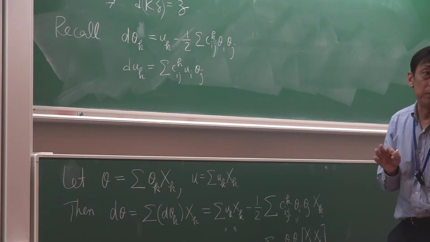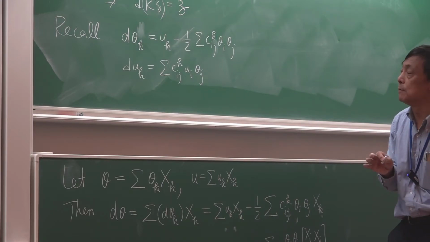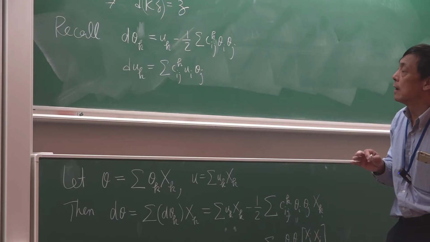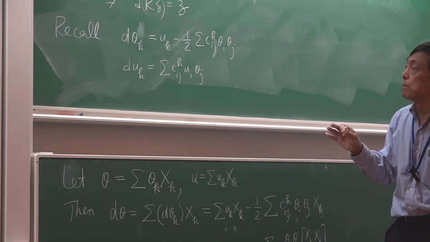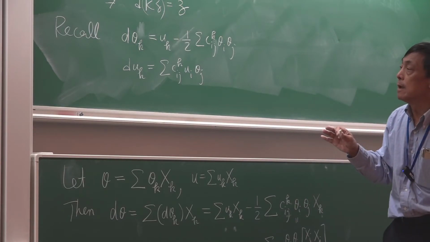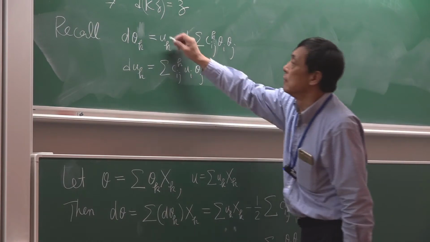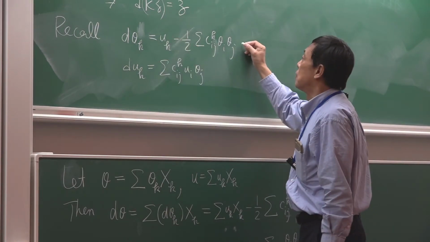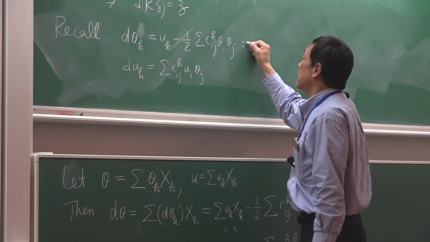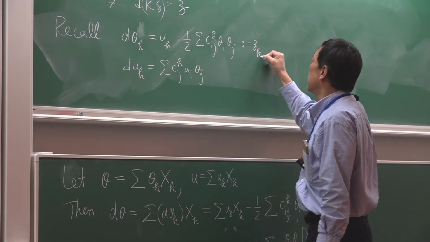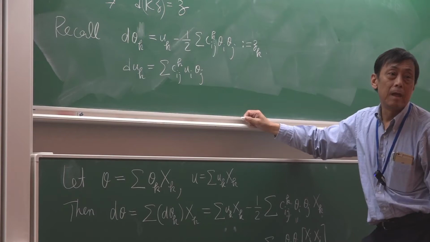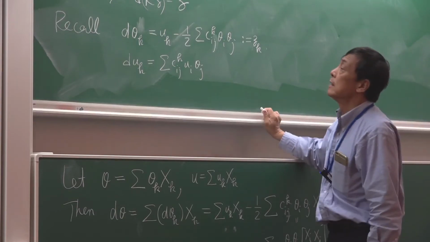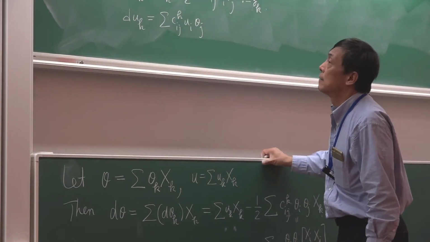Now, what we can do is that we can make a change of basis again. So this you call zk.